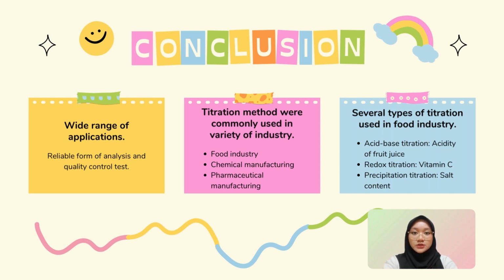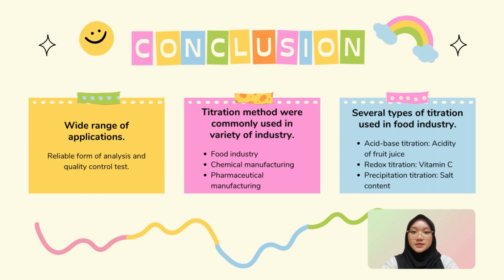It has broad range of applications in everyday life and is long established as a reliable form of analysis in quality control tests, as it can precisely measure the proportion of chemicals and ingredients in various products and treatments, besides allowing us to determine the unknown substances and its concentration within an analyzed solution, hence making it as one of the most commonly used methods in all sorts of industry, which includes the food industry and chemical manufacturing.